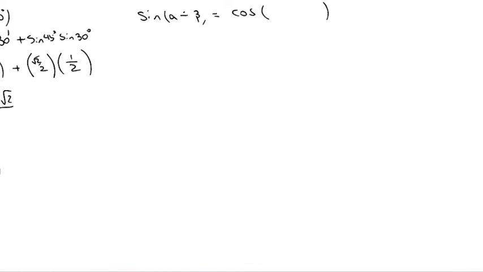So this would be pi over 2 minus alpha plus beta. So sine of alpha plus beta is equal to cosine of pi over 2 minus alpha plus beta. We can rewrite this as the cosine of pi over 2 minus alpha as the first angle minus beta.